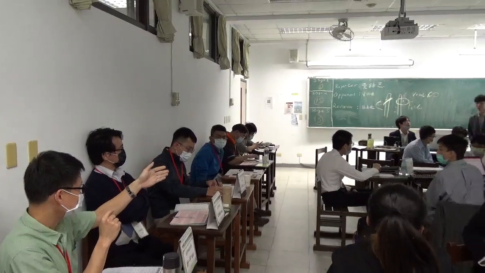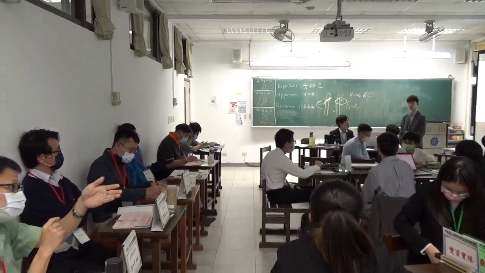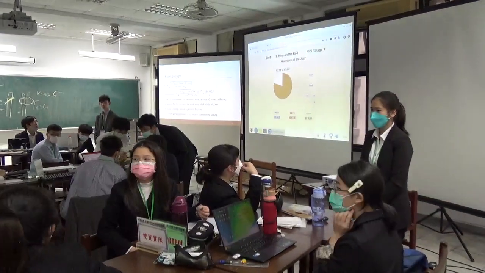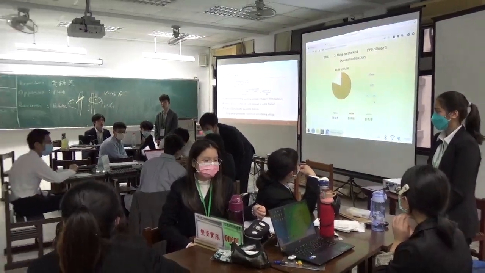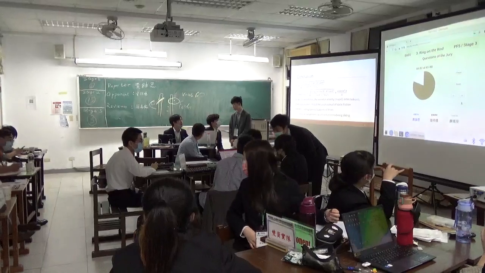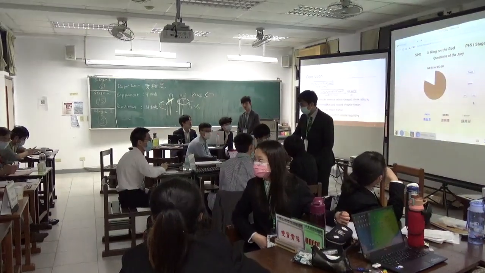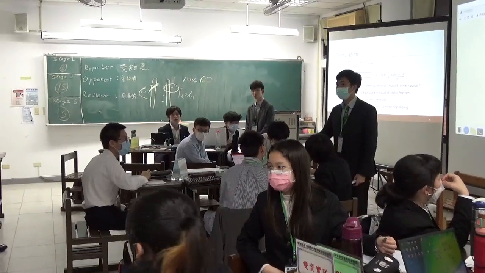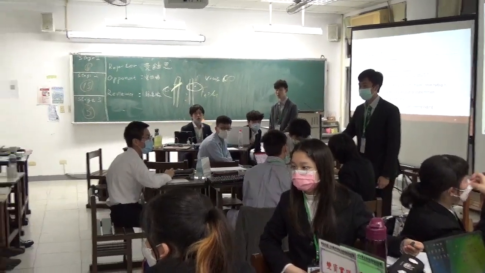I think it's the 2 connecting points. How about you, opponent? I think 1 connecting point. 1? Okay. And how about you? We think that for free fall, maybe 2 contact points will be optimal. Thank you.